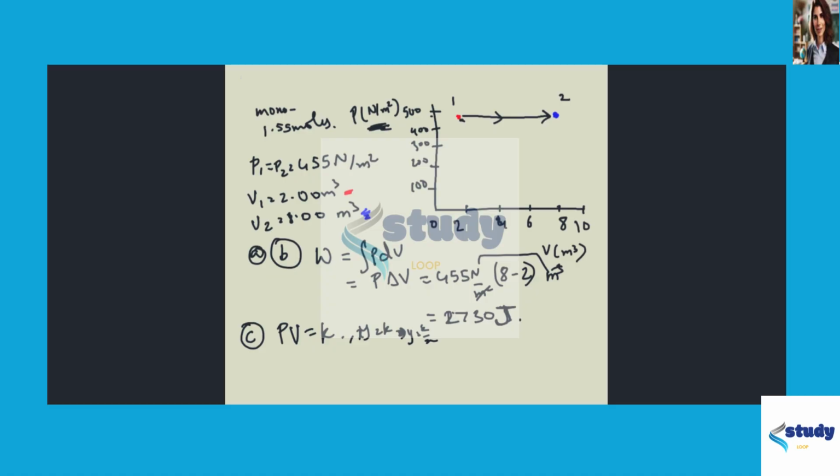So the process must look something like this. This is the curve for xy equal to constant. So our process must start from here and go like this all the way until it hits 8 meter cubed.